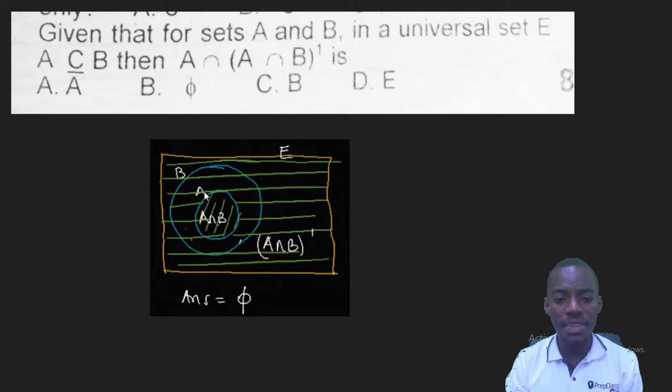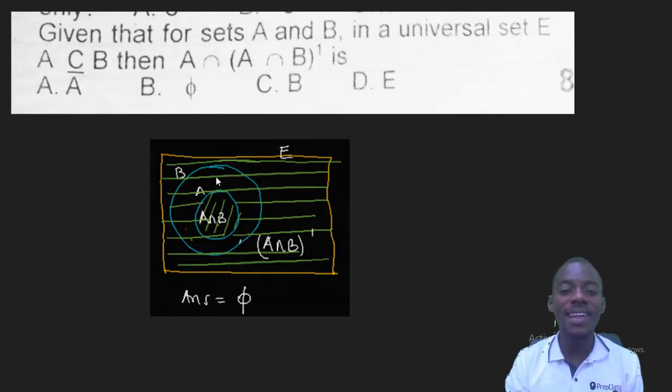So where do they meet? They meet inside A, because all of A is in B. But where are A and B combining? They are combining inside A, and that means the A and B intersection is actually A.